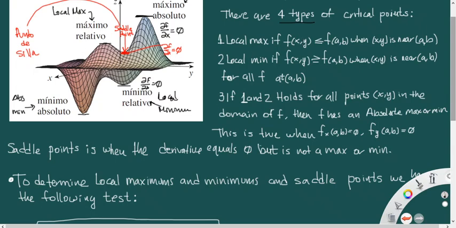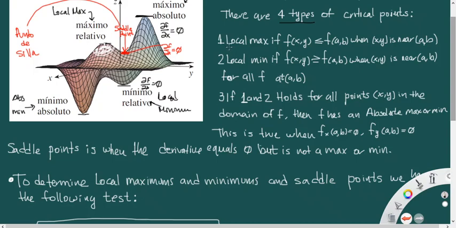For example, if we have this neighborhood over here, and this is equal to f(x, y), then we have this a comma b. Let's say this is (a, b) here and it's at the top. So f(a, b) is greater than or equal to all the values that f(x, y) takes around this neighborhood. If that happens, then f evaluated at (a, b) is a local maximum.